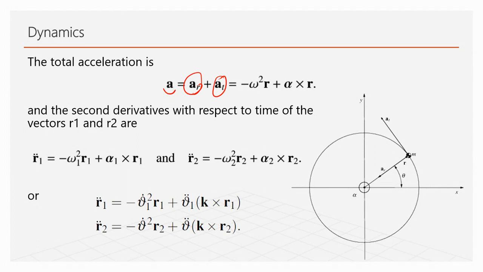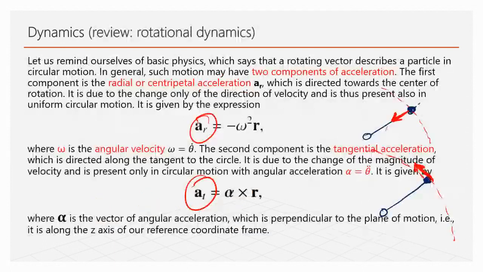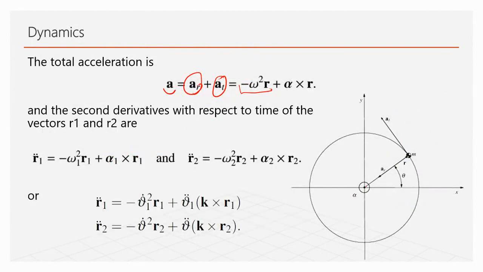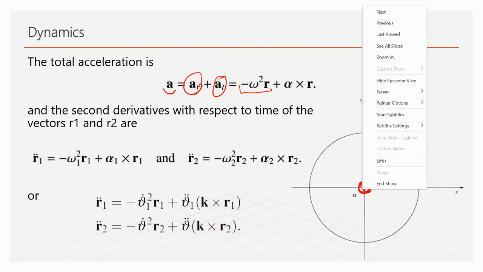The radial component is negative omega squared r, and this one is alpha cross r, a cross multiplication. Here I didn't explain that: alpha is the vector of the angular acceleration, which is perpendicular to the plane of the motion. So it comes out of here. If you go here, you see this is alpha. Again, right hand rule.